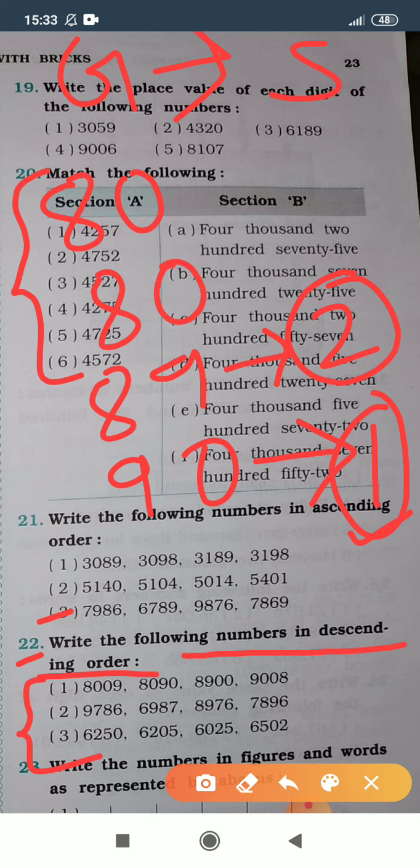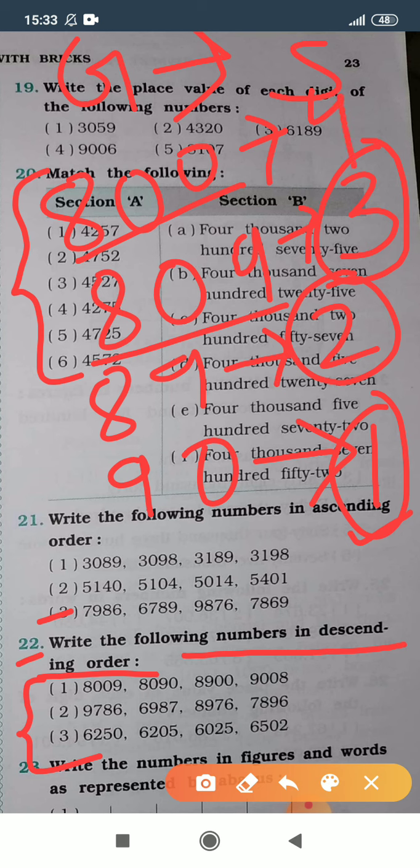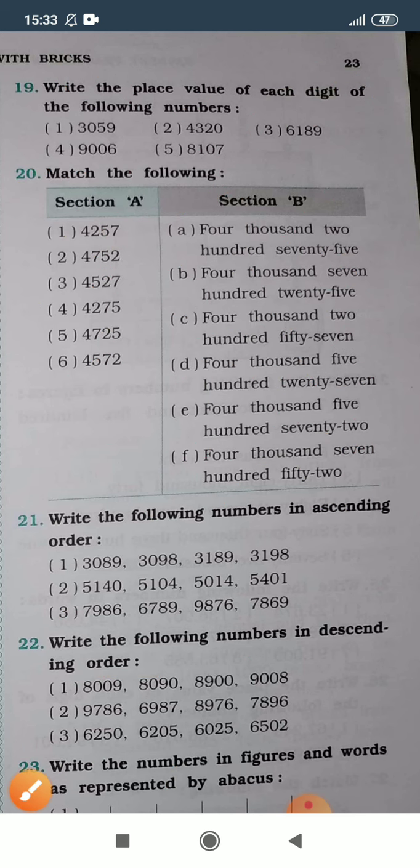The third digit is 0 and here the third digit is 9. So which one is the bigger, 800 or 809? 809. So we'll write it as rank 3 and it goes to the fourth number. So as per this method you can write descending order of these numbers.